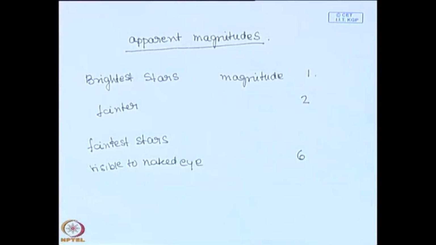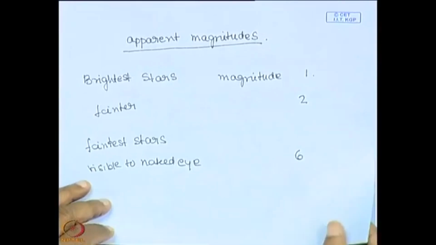Now later people discovered that the eye actually had a logarithmic response. The response of the eye is not linear. If you have a linear response, the dynamical range, that is the brightest and the faintest object that you can see, will not be very far apart. But if you have a logarithmic response, your dynamical range becomes much more. So the human eye has a logarithmic response.